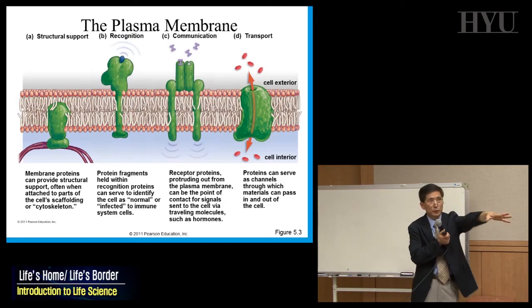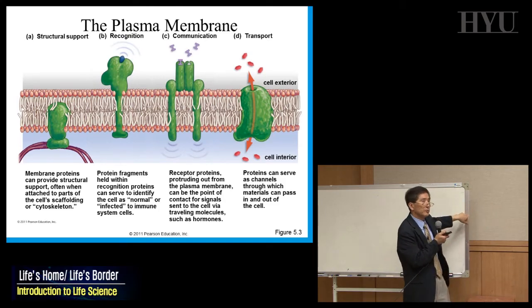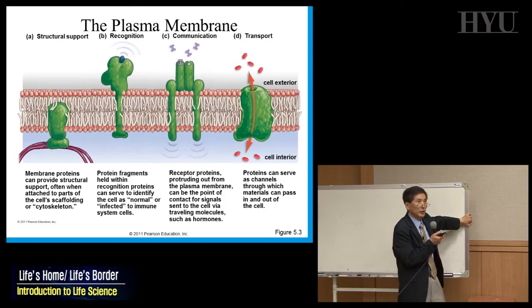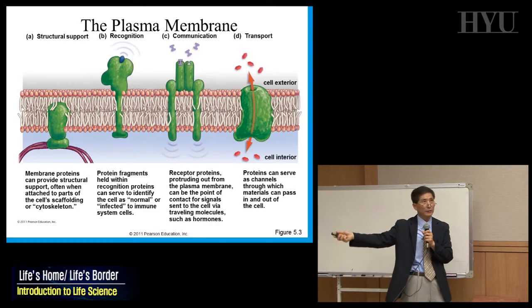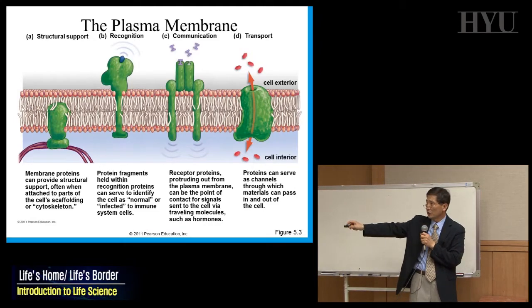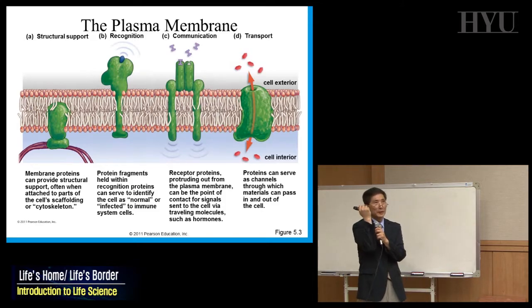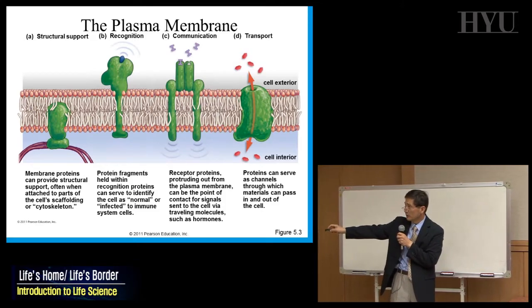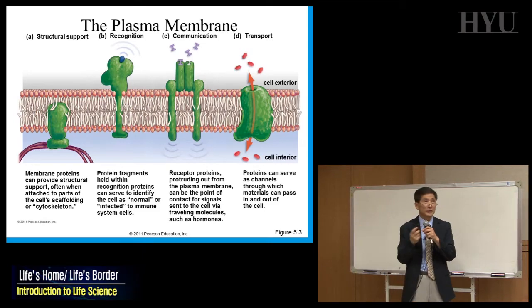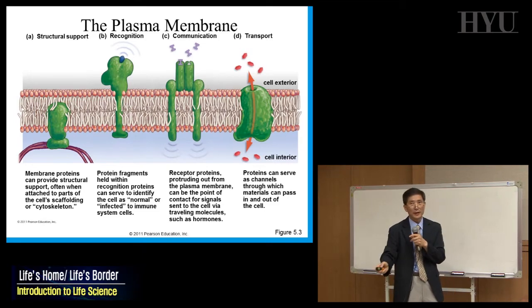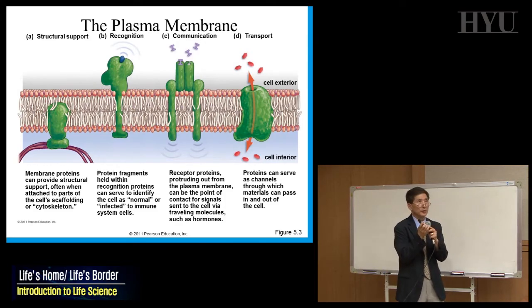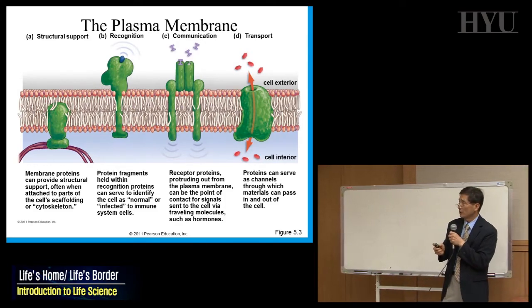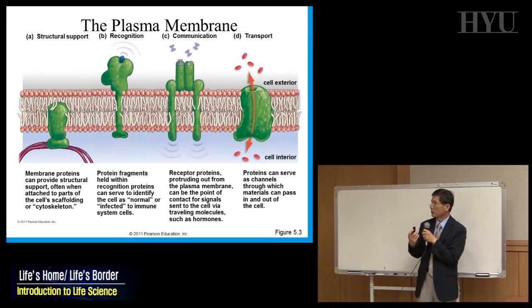You have to put something, but you have to have some place to hold onto it. That's the support. That means anchoring. Those are proteins that anchor into the membrane, and then these little things are the cytoskeleton from there. So in other words, the function is structural support.